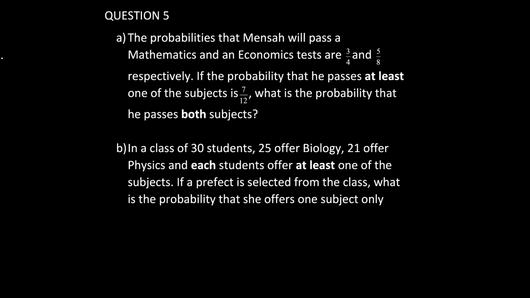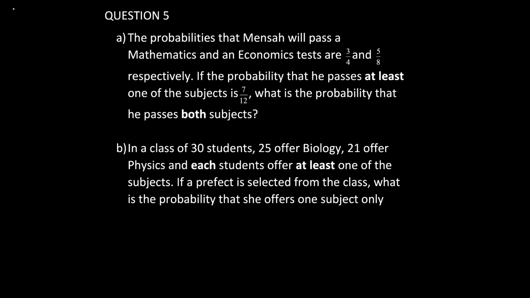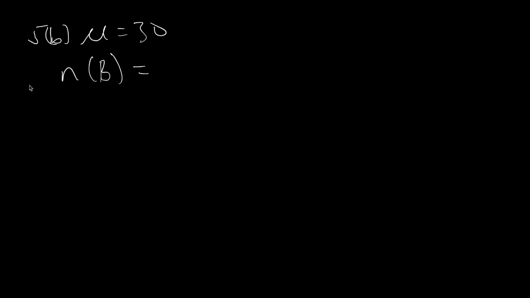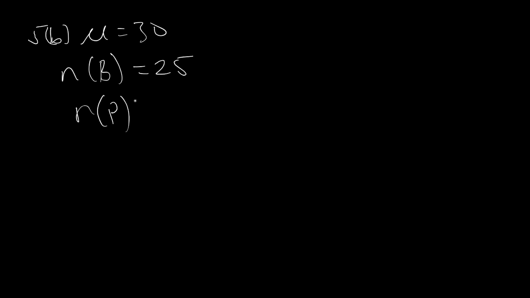So let N of B represent the number of students who offer biology. In that case, N of B is 25. And N of P, which is the number of students who offer physics, is 21.